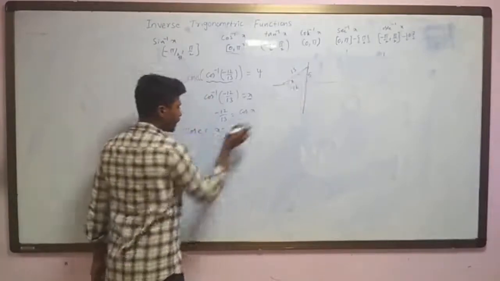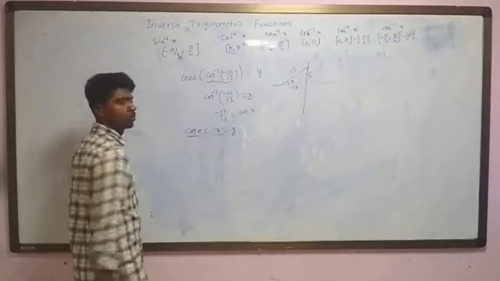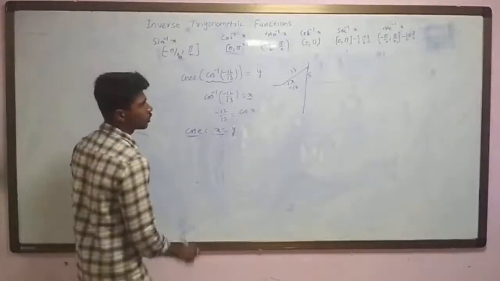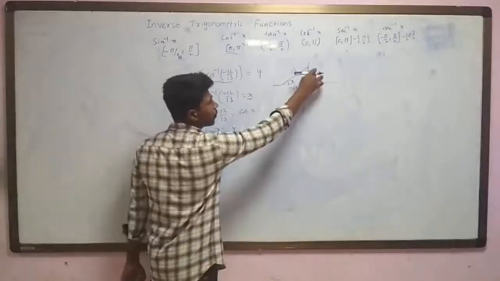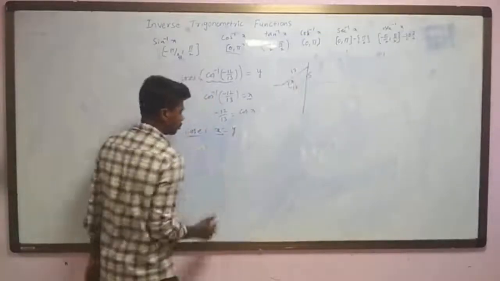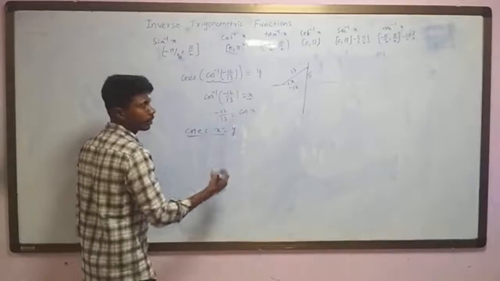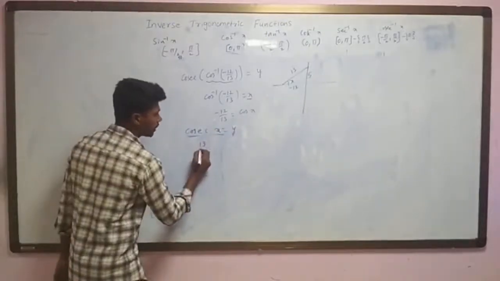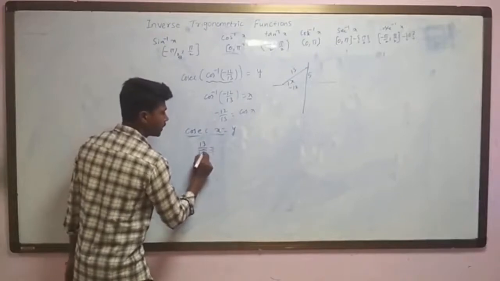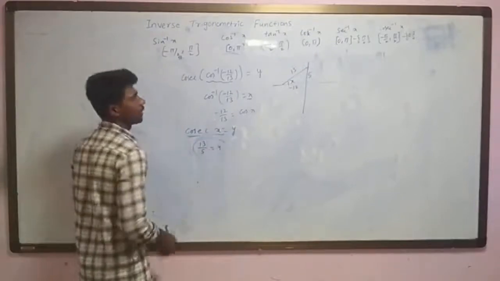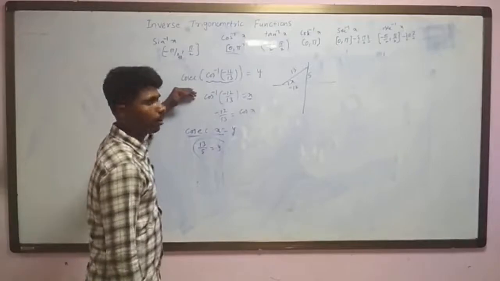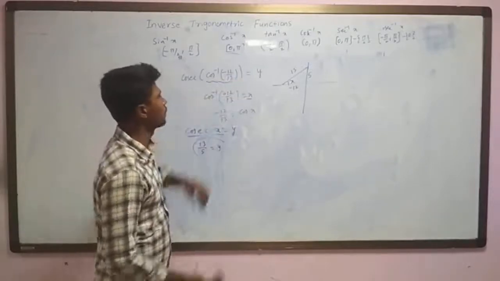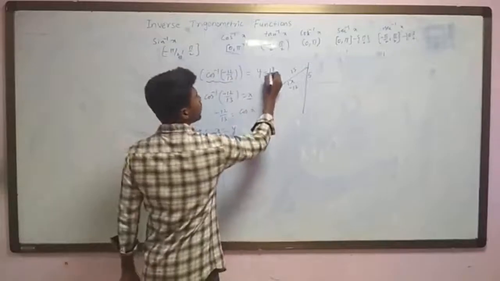So in this right angle triangle, we should find cosecant x. Sine is opposite by hypotenuse, so cosecant, its reciprocal, is hypotenuse by opposite. Hypotenuse is 13. Opposite is 5. 13 by 5 equal to y. Therefore, cosecant of cos inverse minus 12 by 13 is equal to 13 by 5.